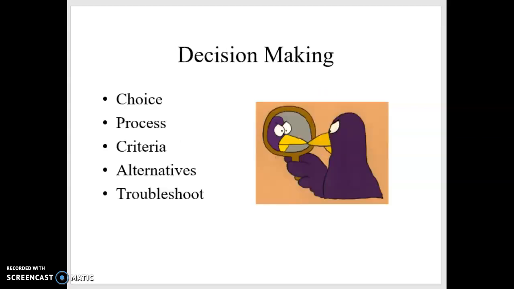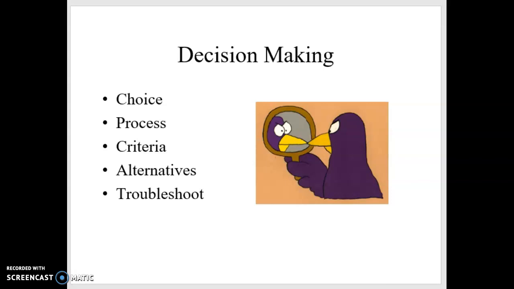You'll start to be very good at decision making. Right now, it might seem a little bit frightening to have some of the higher level decisions put into your lap, right? You have to make a choice, but understand that decision making is a process.